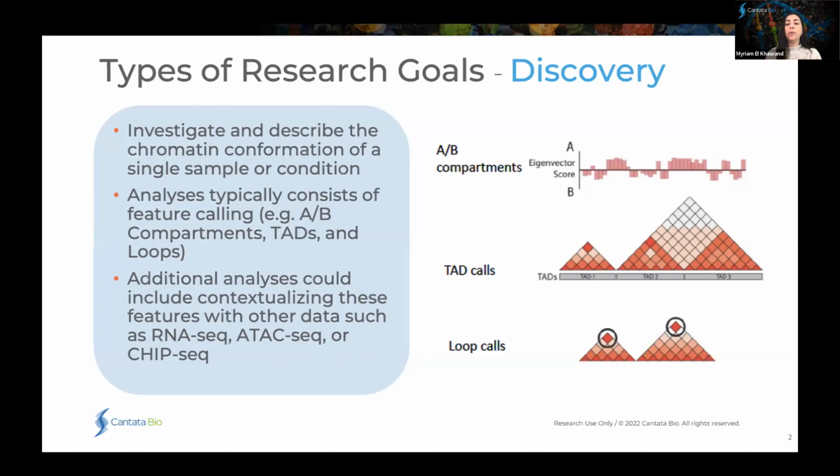And then you're likely going to add complementary data sets such as RNA-seq, ChIP-seq, ATAC-seq, to get a more holistic picture of what is happening in your sample. For example, how a mechanism or a gene you're interested in is being regulated.